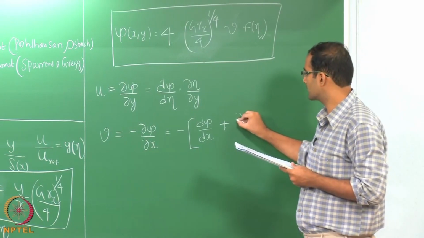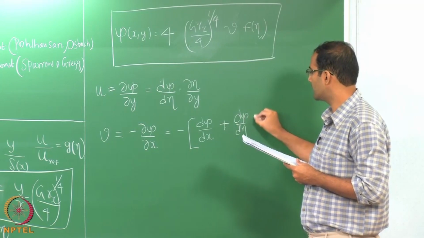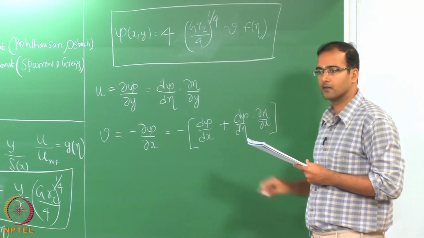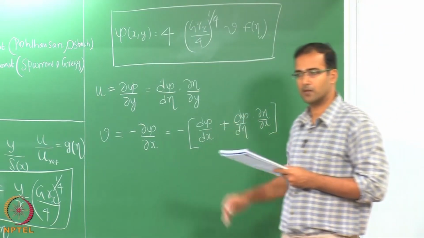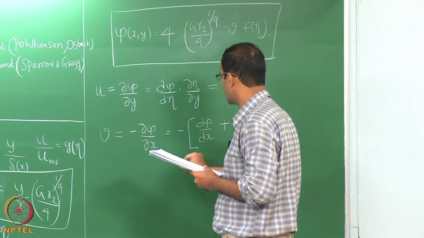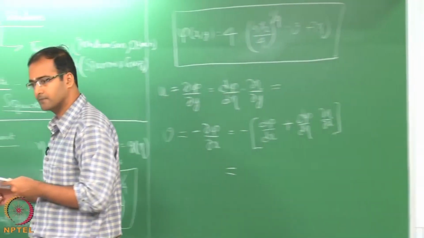So, therefore, this is d psi by d eta into the partial derivative of eta with respect to x. This is exactly the same way we did the Blasius solution. So, can you calculate and tell me what the velocities u and v are?